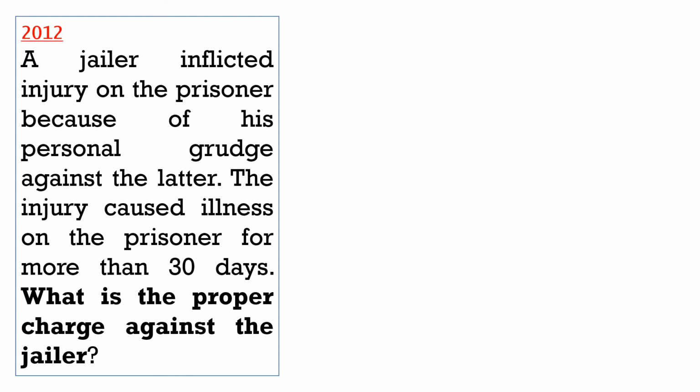There was this jailer, this is an MCQ, so there was this jailer, he inflicted injury on the prisoner because he has personal grudge against the latter. The injury that caused illness on the prisoner is an illness which lasted for more than 30 days. So what is the proper charge against the jailer?